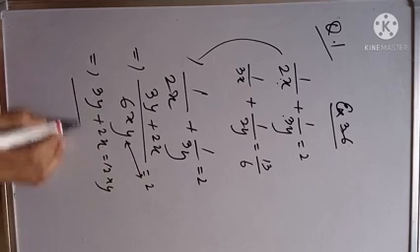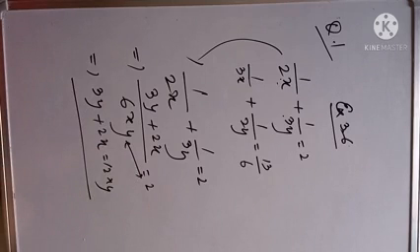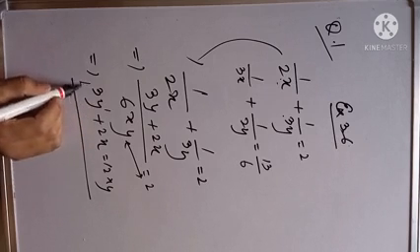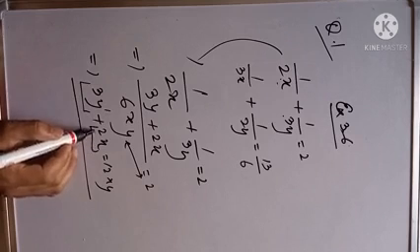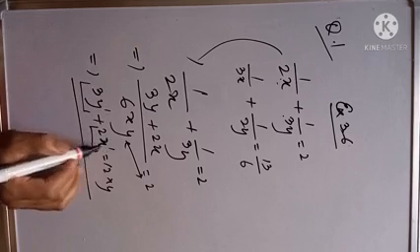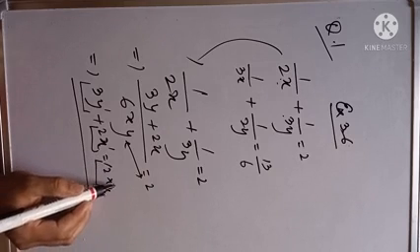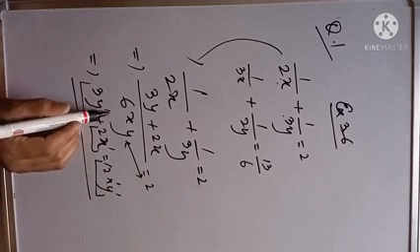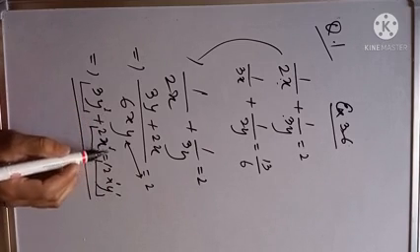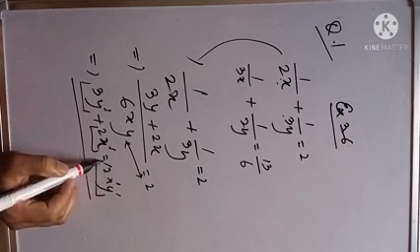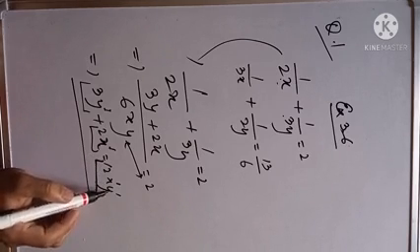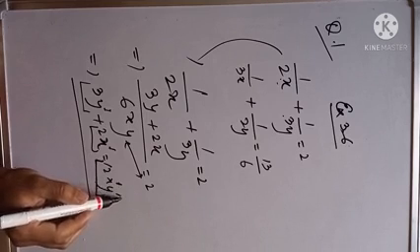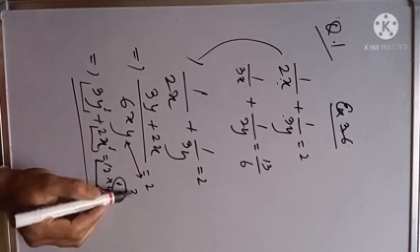Now let us see the degree of this equation. Here the power of y is 1 for this term, and for the term 2x, the power of x is 1. But in the same term, 12xy, the power of x is 1 and the power of y is 1, so this is treated as 2.